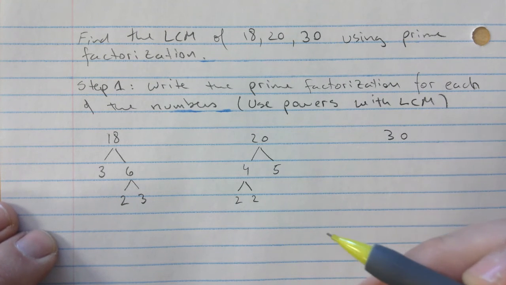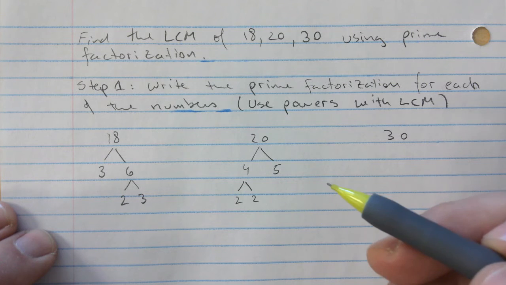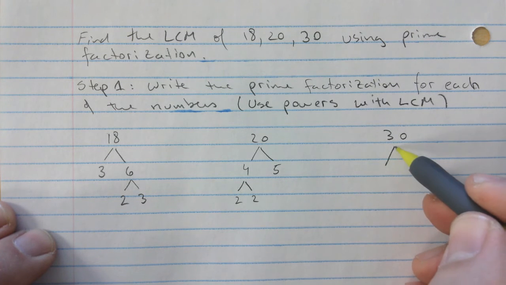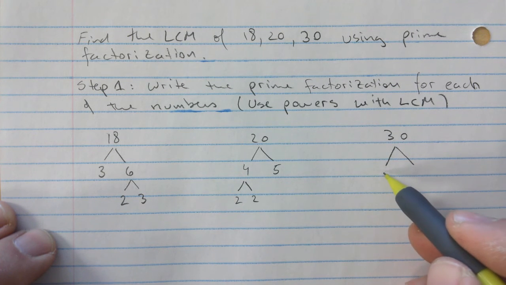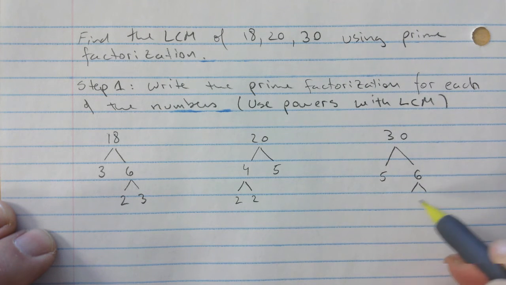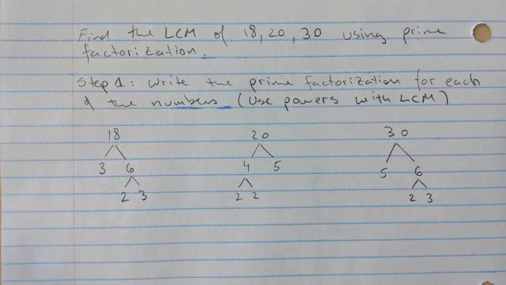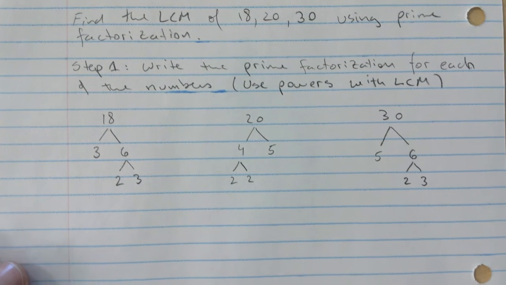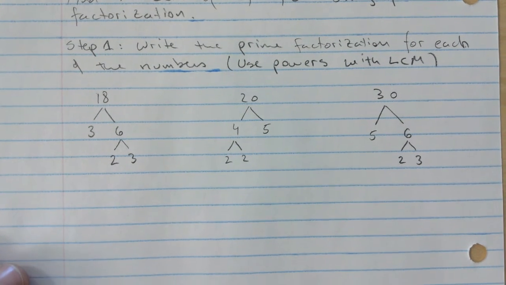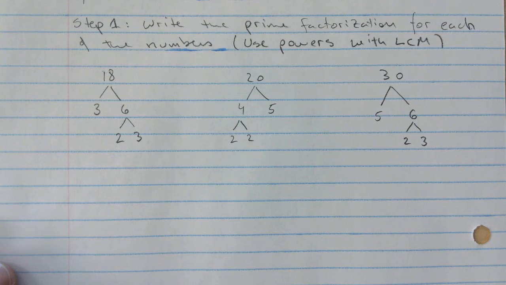Remember, whichever number isn't a prime is called a composite. Okay. 30, you can go 5 times 6. So when it's smaller numbers, it's just random the way I do it. I don't necessarily go 2 first and then 3. I just break it down whichever way works.